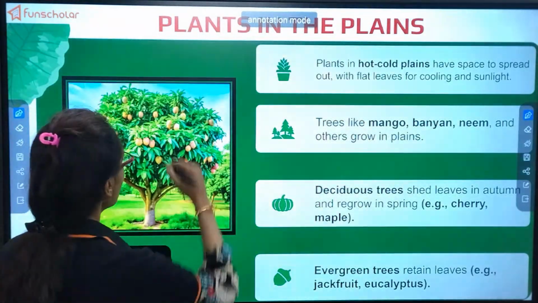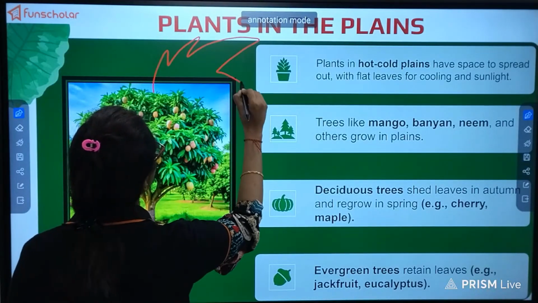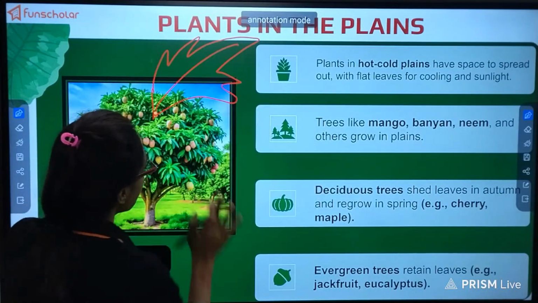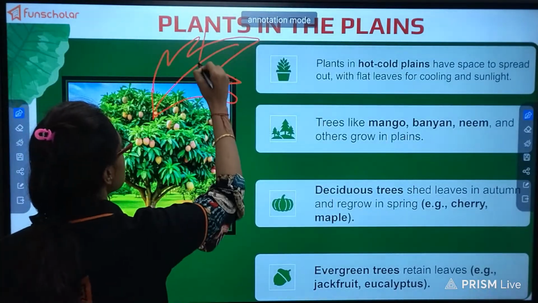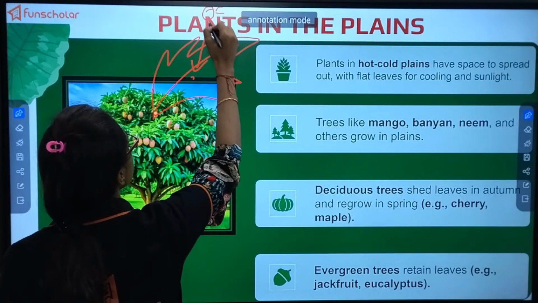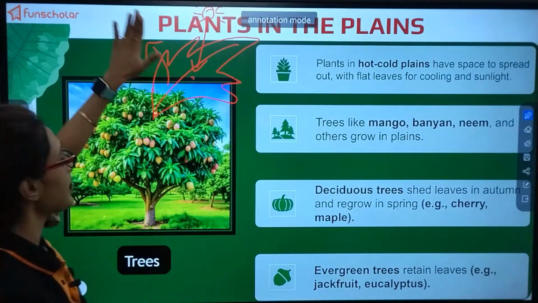So if the surface area of the leaf is flat and broad, what will happen? For photosynthesis, sunlight will be available to the plant and also loss of water will take place.